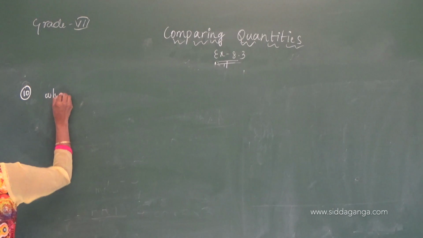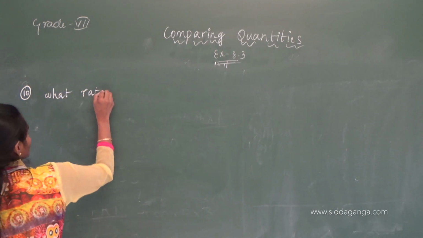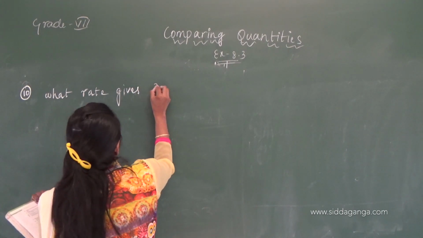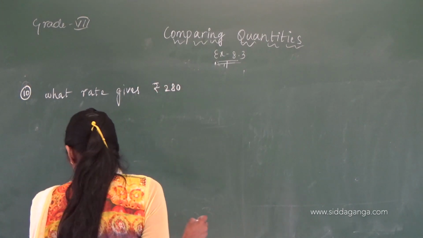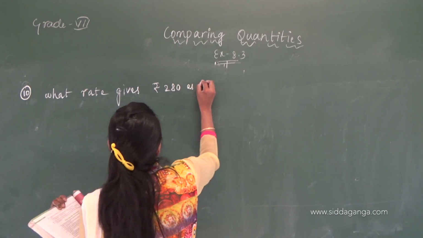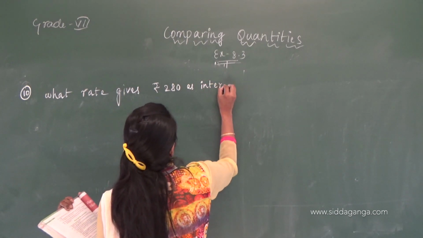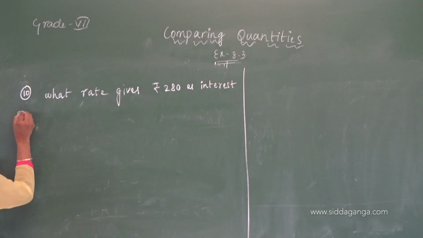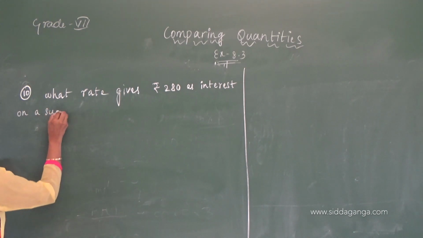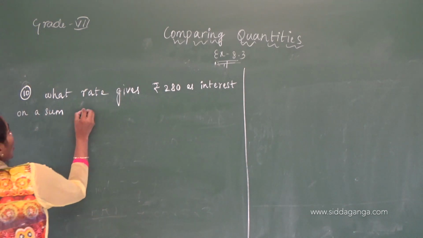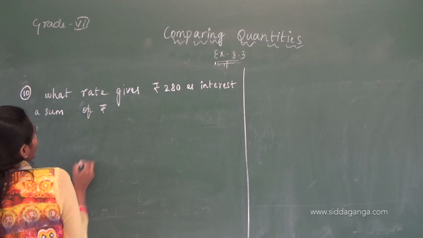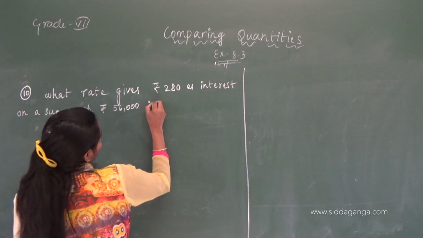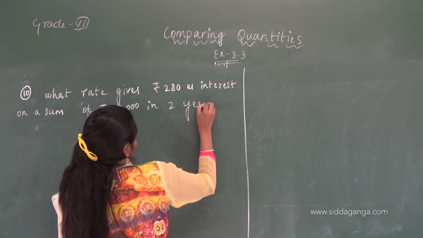What rate gives rupees 280 as interest on a sum of rupees 56,000 in 2 years.